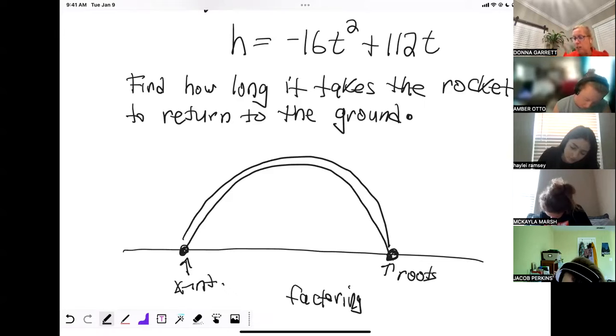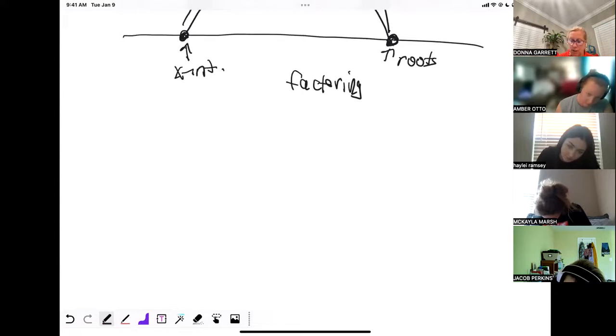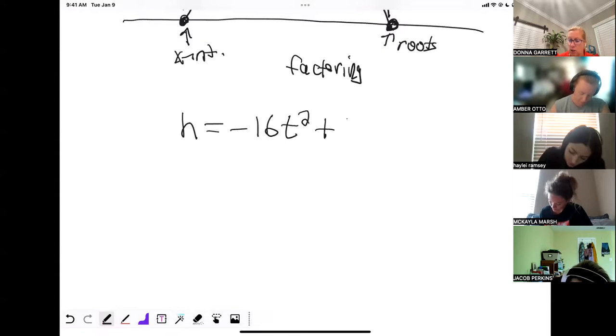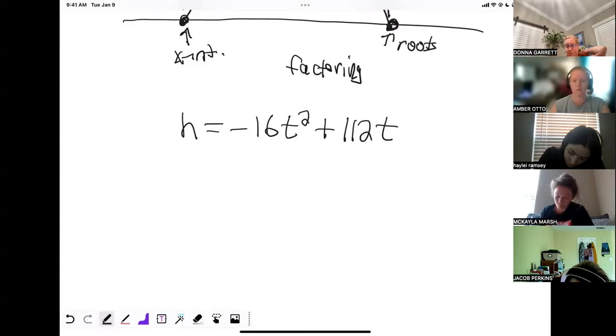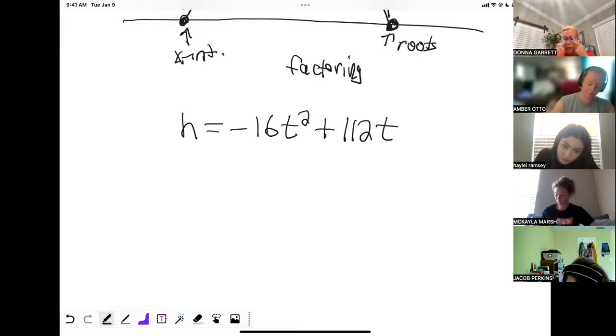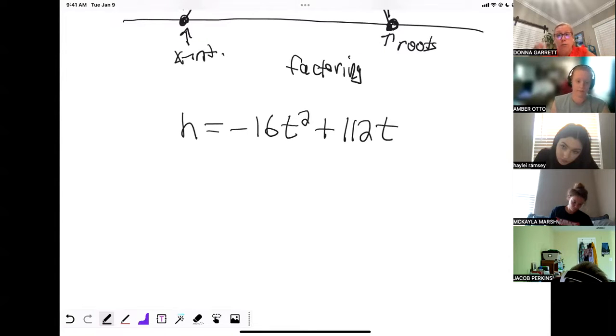All right, so I'm going to write the equation again down here. So h is equal to negative 16t squared plus 112t. Now, listen to me. When it hits the ground, what's the height of the rocket? 0, right?